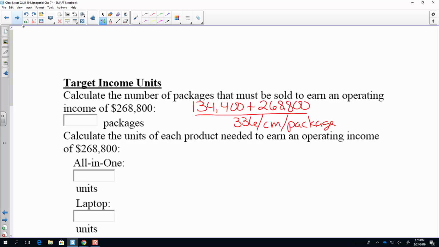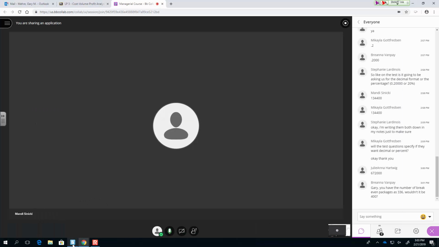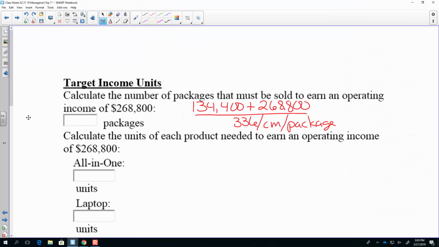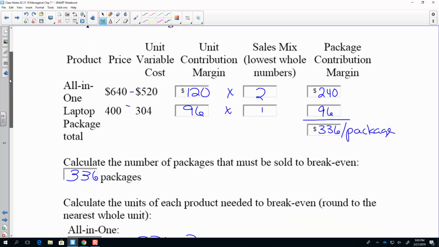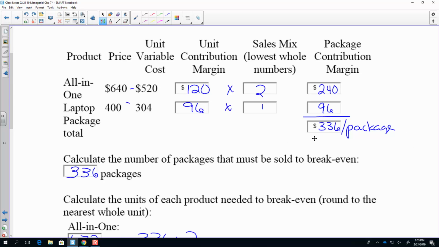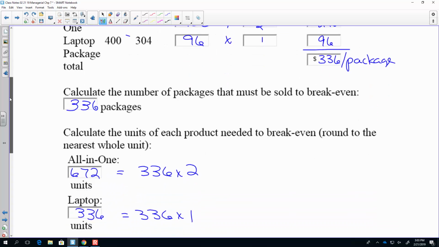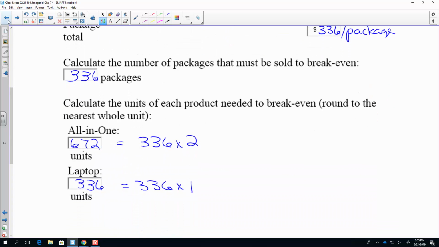And guys, Gary, you have the number of the break-even packages. Wouldn't it be 400? You mean I made a mistake? Isn't our package margin 336? Yeah. Where did we get the 400?